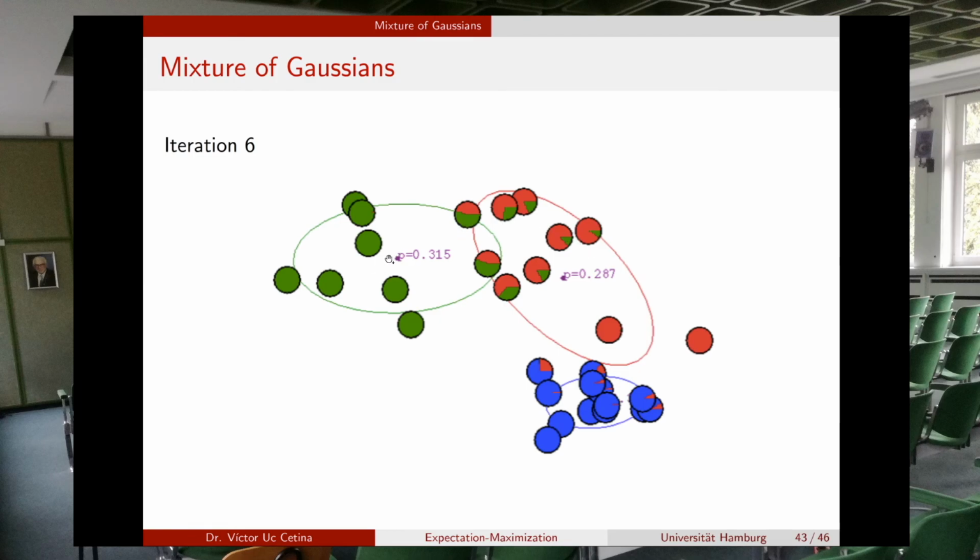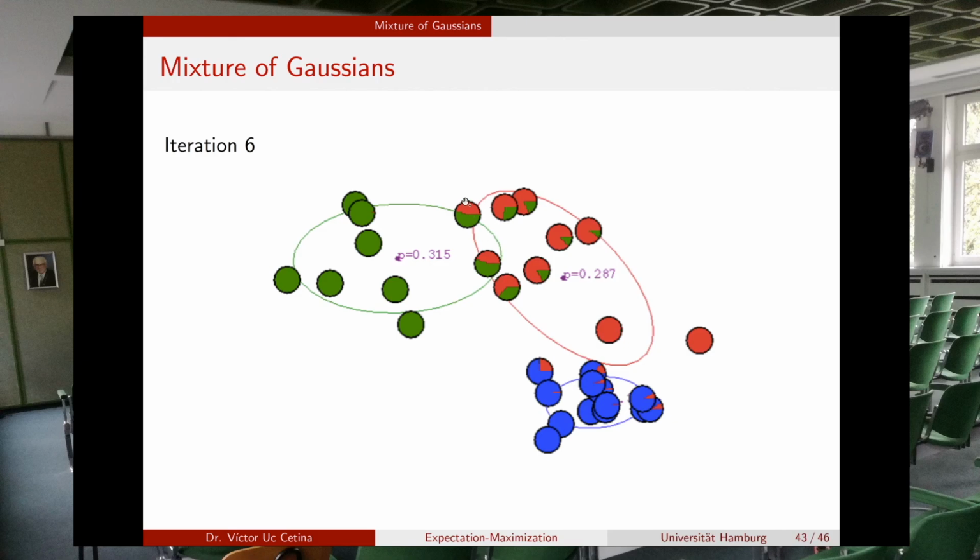And you can see now that if you want to classify these points, the largest probability is to be green, and this one the largest is to be blue. These ones over here have a larger probability to be red, but these ones in the border, at this moment they are still classified as green, but it could very easily be red too.